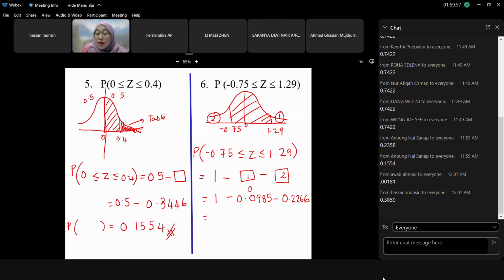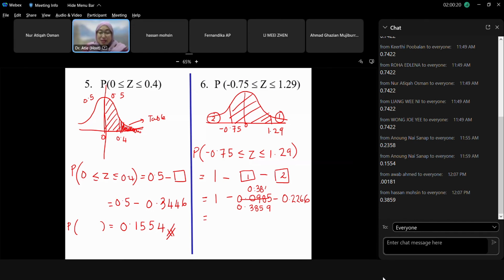Sorry, can you say it again? The one for 1.29 is 0.3859. You mean this one is not right? Doctor, actually, I think the first one is already correct.